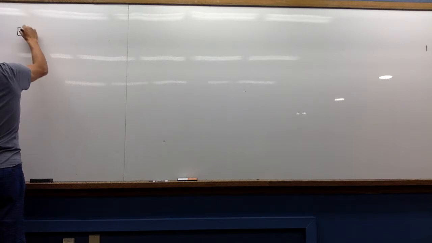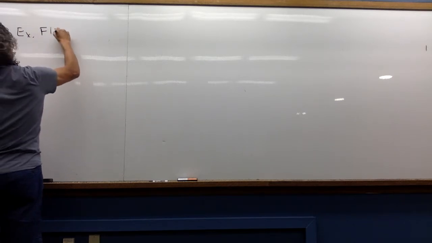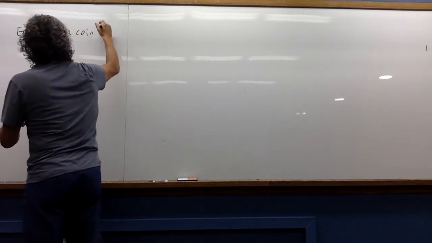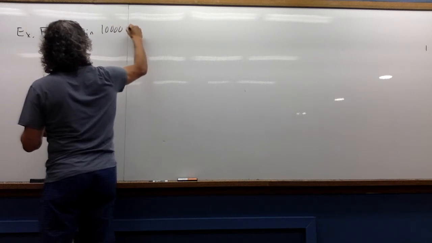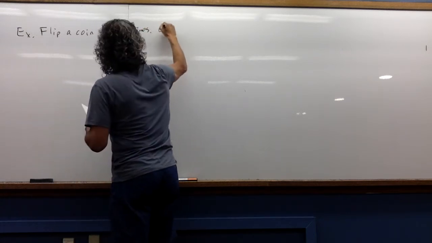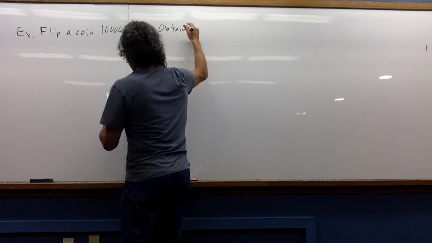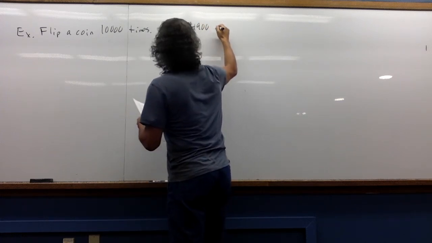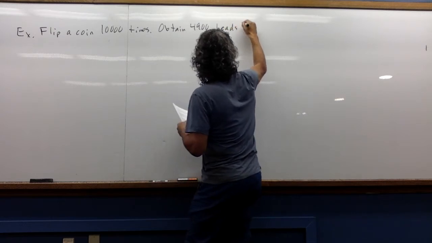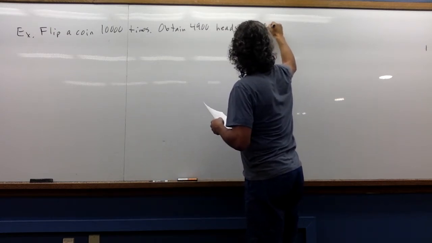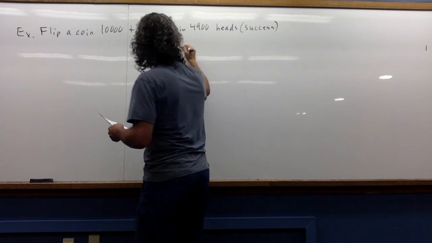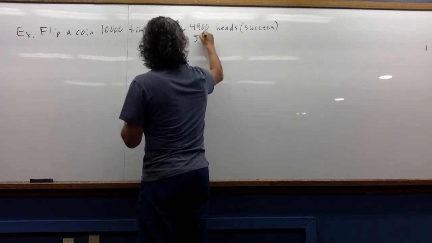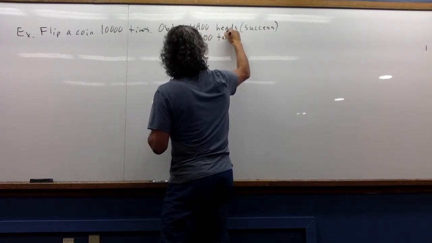For example, say I flip a coin 10,000 times, and I obtain 4,900 heads, and I'm going to call this a success in this context, and 5,100 tails.